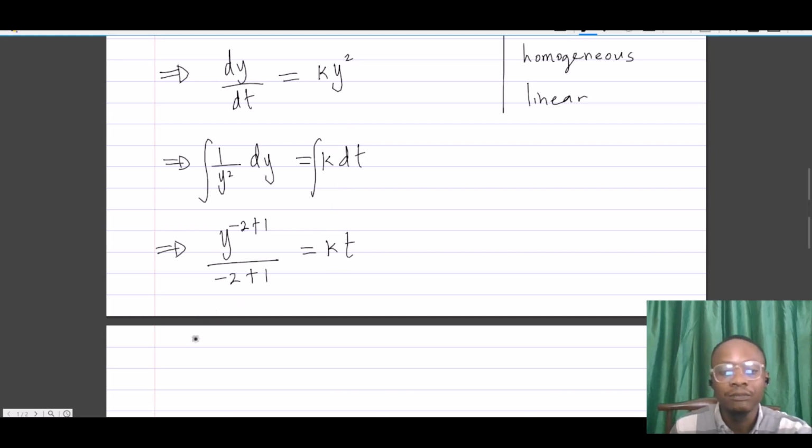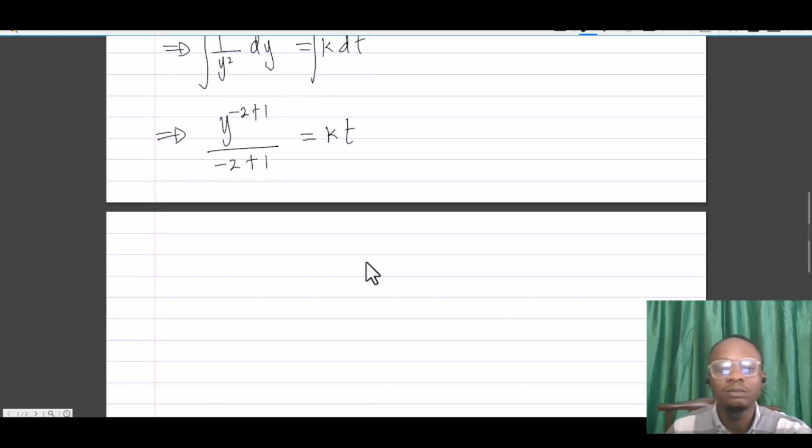So from here, we can simplify this further. Let's move into the new line. This is going to be equal to y to power minus 2 plus 1, that's y to power minus 1, divided by minus 2 plus 1, which is minus 1, and this is equal to kt.